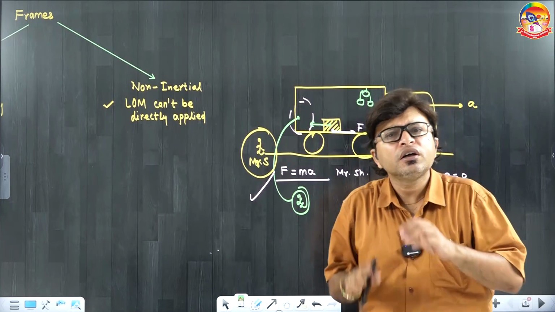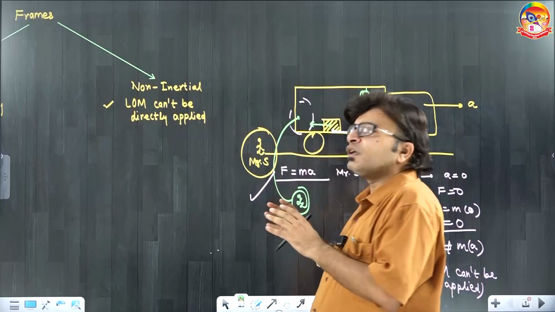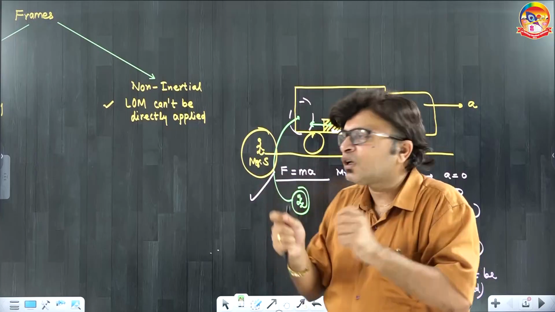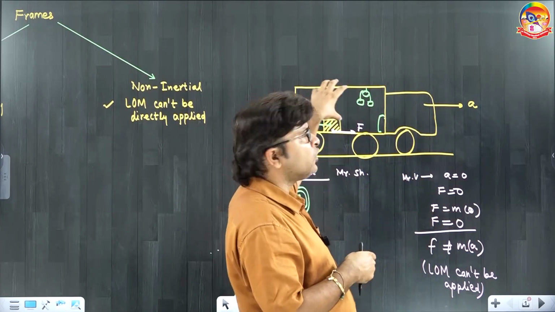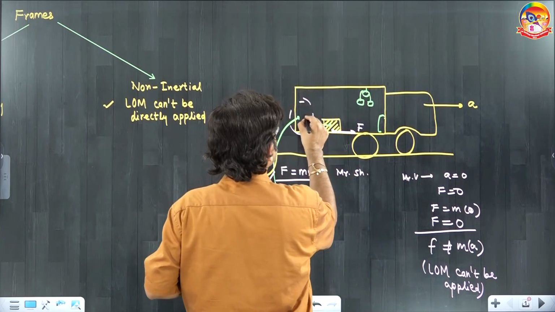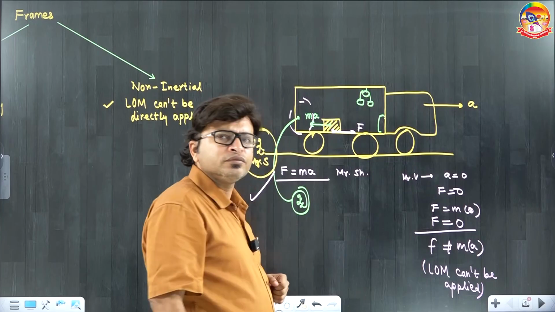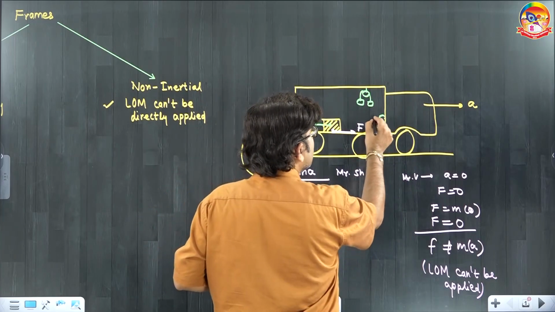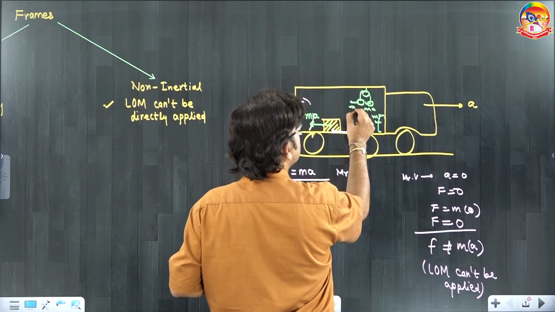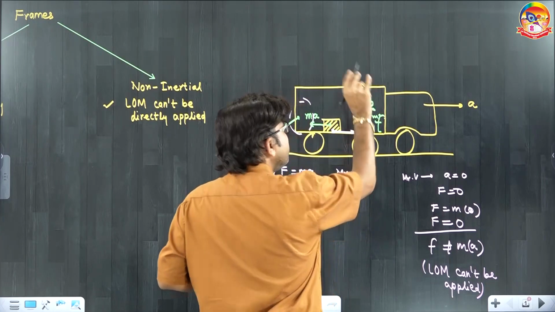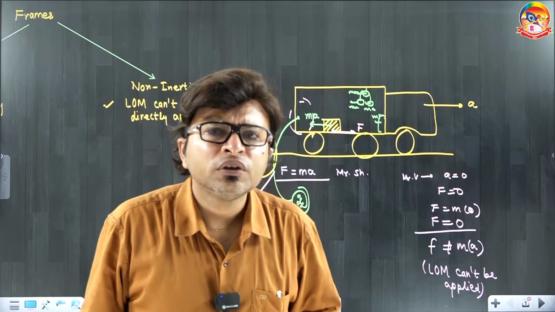And why will I apply it? So that I can balance the condition, whatever is there on the ground and whatever is there in this frame. So he will say let's apply M into A force here, here also M into A, here also M into A. Whatever bodies are present, I will apply M into A force.